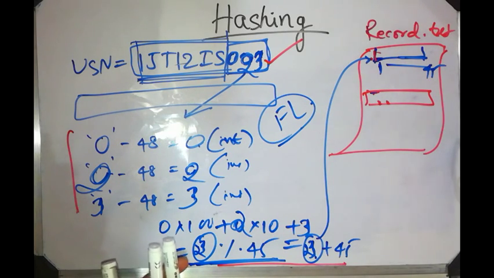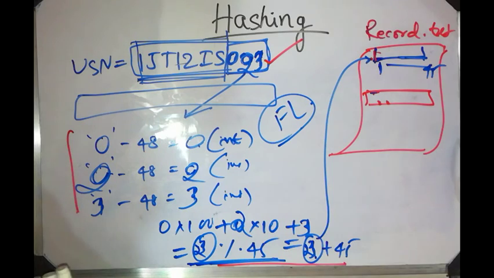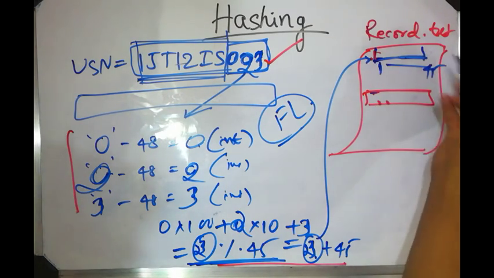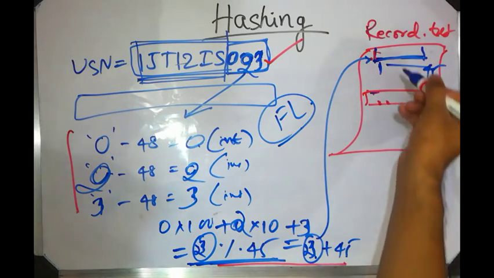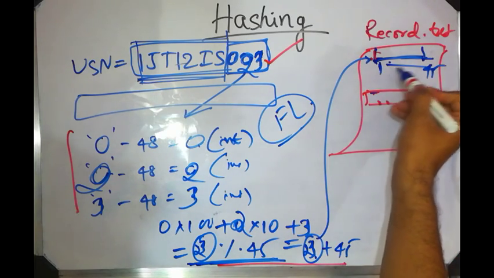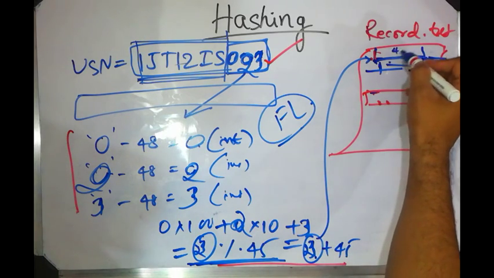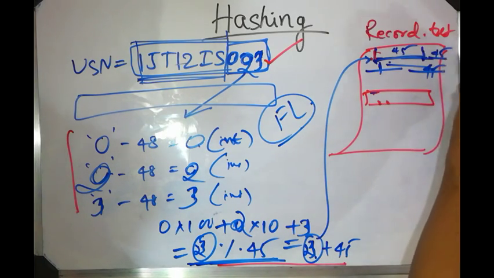Now here also there is a possibility that there will be a lot of collisions, right? So what you're supposed to do is, when you write a record, you should consider that from there you're not supposed to write for the next 3 record spaces. If you consider 45, leave one space, next 45, next 45.